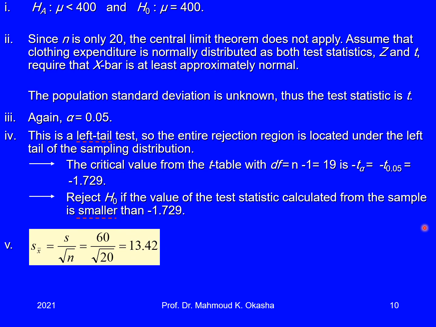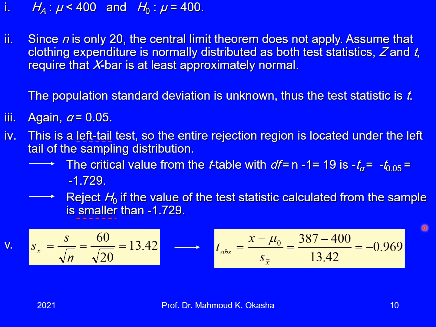So we calculate the value. First, we calculate the standard error of x bar, which is s over square root of n, which is 60 over square root of 20, which becomes 13.42.